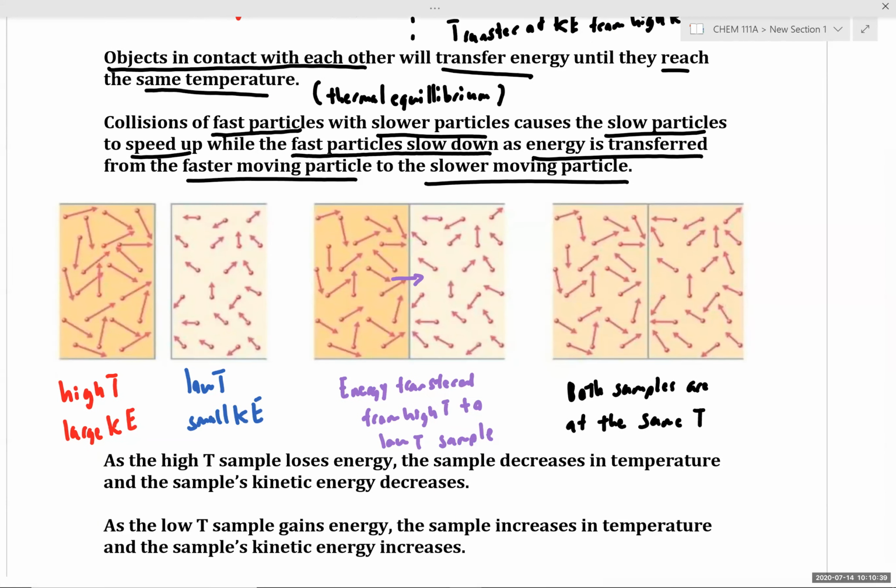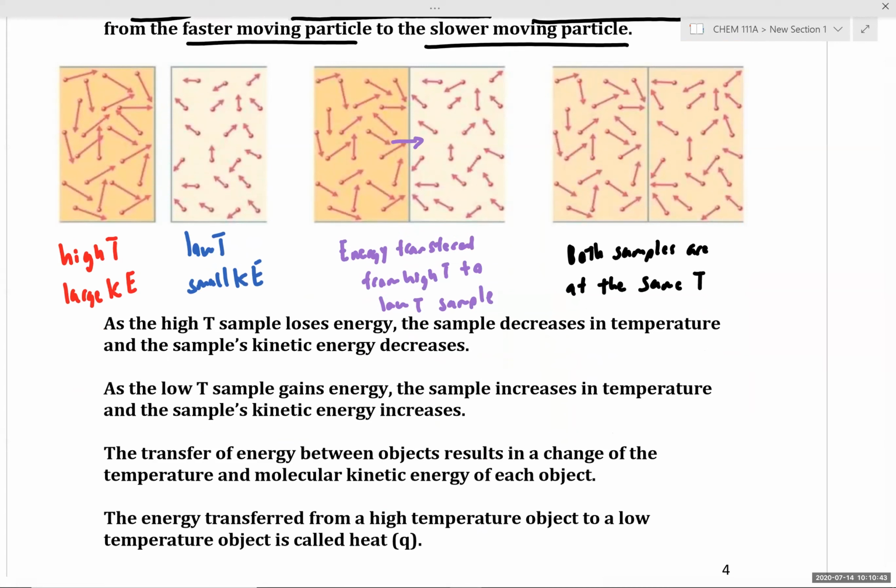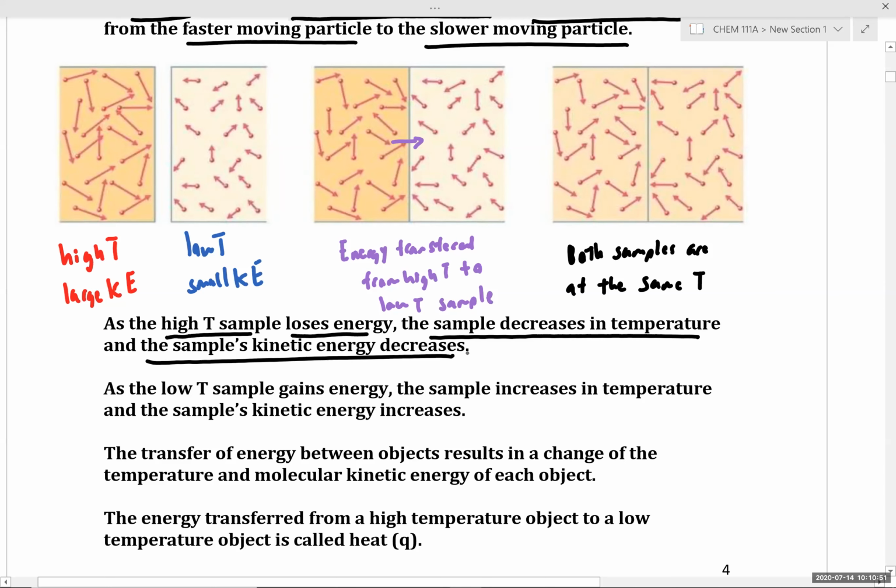So just to drive down this point, as the high temperature sample loses energy, the sample decreases in temperature and the sample loses kinetic energy. As the low temperature sample gains energy, the sample increases in temperature and the sample's kinetic energy overall increases.